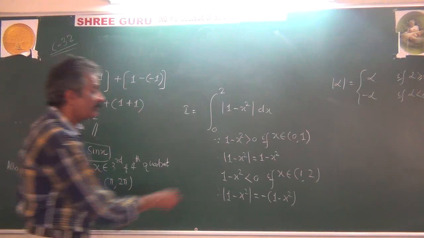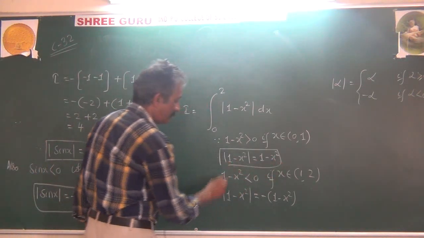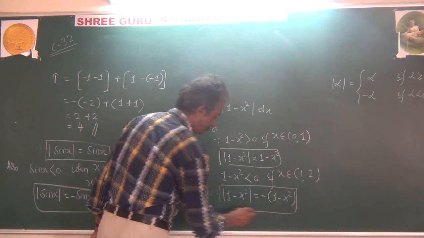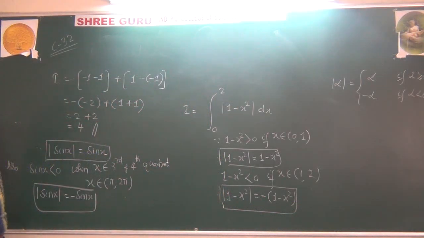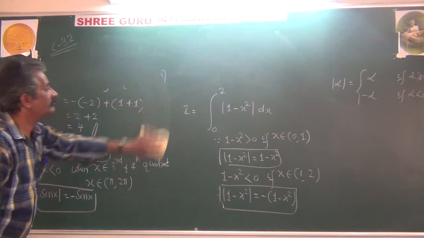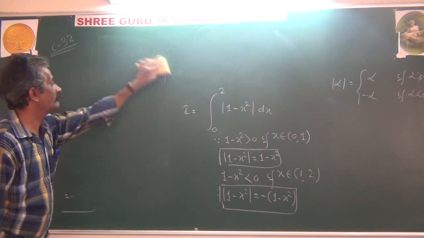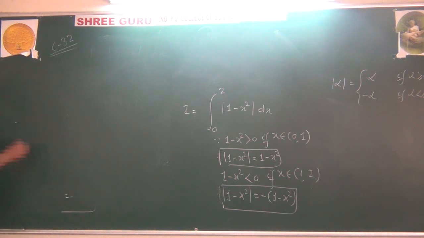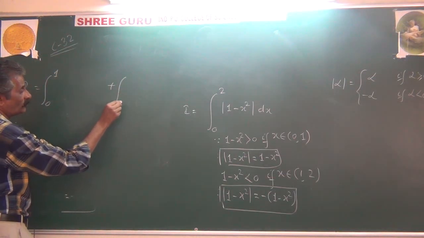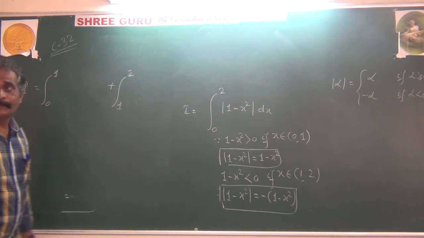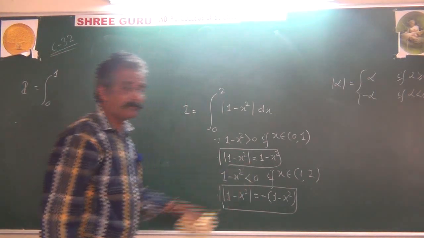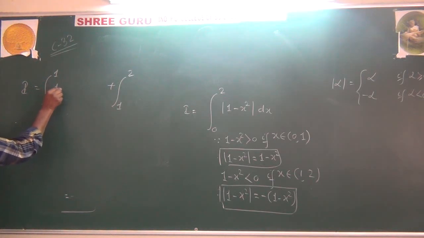With all these relevant steps, our integration changes. Now, I changes. So I told you to break the interval: interval 0 to 1 plus another interval 1 to 2. In the interval 0 to 1, how much is mod of 1 minus x square? 1 minus x square.